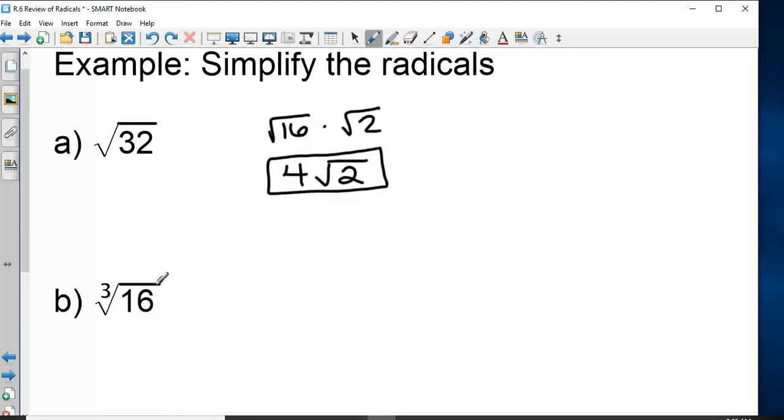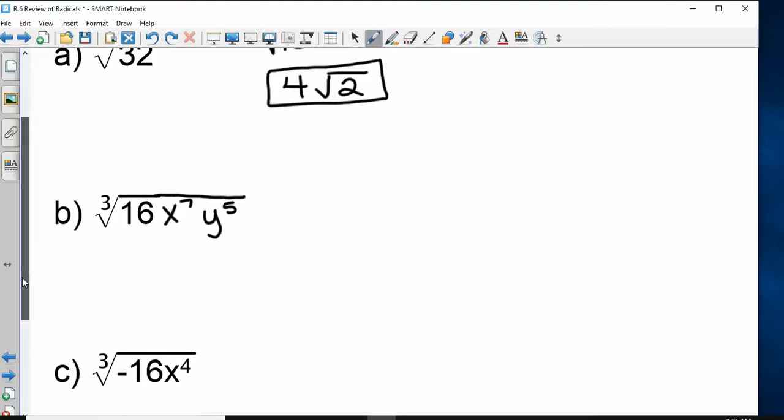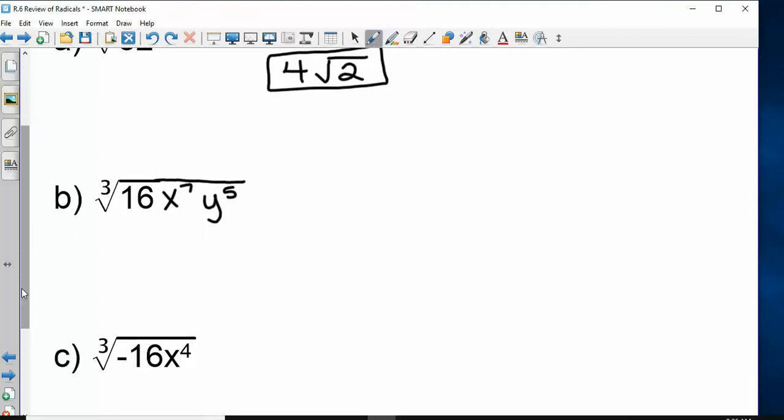B, I'm going to change this one. Let's make it more interesting. Let's do the cube root of 16x to the 7th y to the 5th.